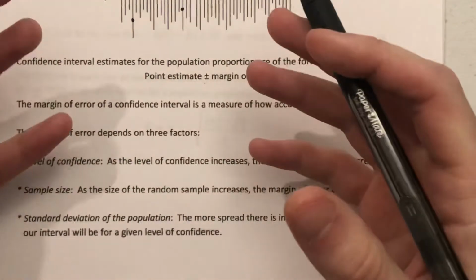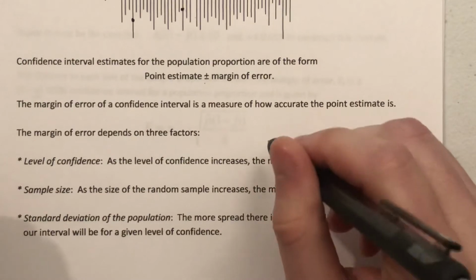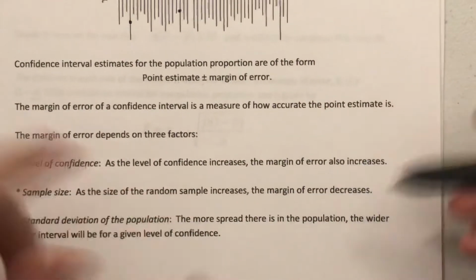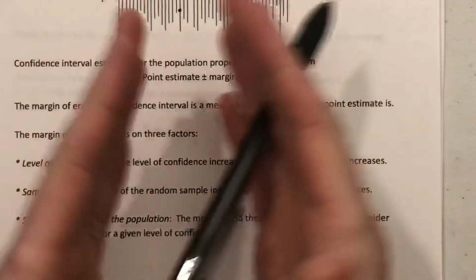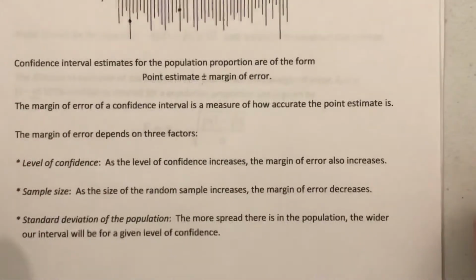So the bigger your sample, the more accurate a representation you think that sample statistic is of the unknown parameter. So bigger samples mean you don't need as big of an interval left to right to be confident. That can affect the size of the margin of error, the size of the interval.